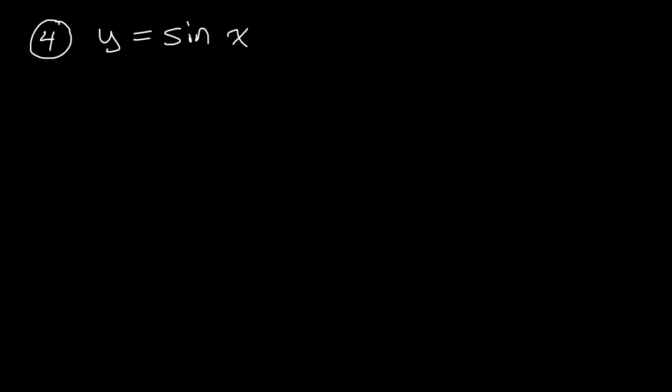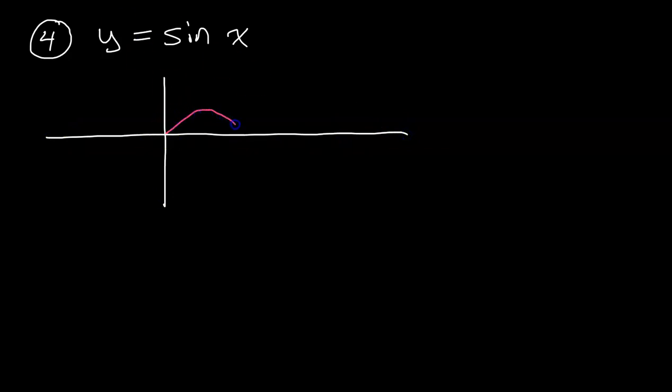What about y equals sine x? Let's look at the graph. We know what sine x looks like. Sine x looks something like this. It's a periodic function that just goes up and down forever. And it does the same thing to the left and to the right.